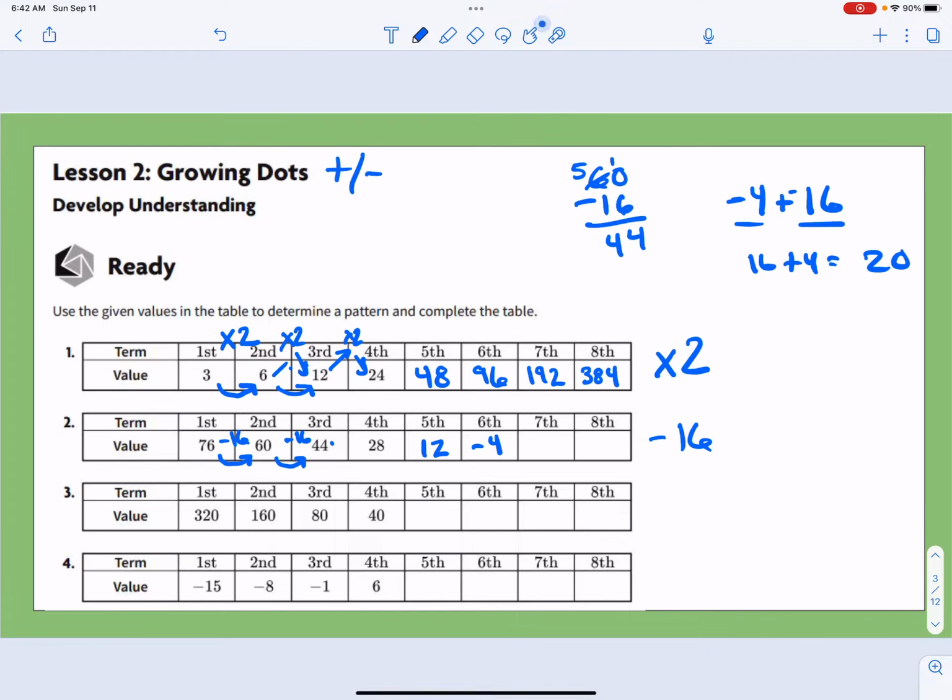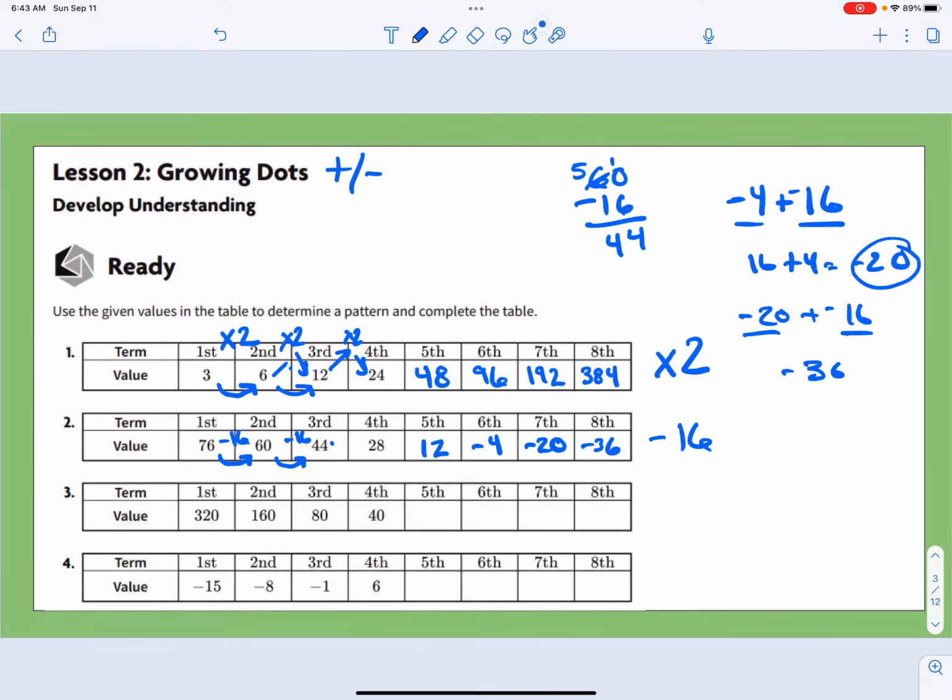When the signs are the same, we find the sum and we keep the sign the same. So negative 20. And the next one, negative 20 plus negative 16, or minus 16. Find the sum, keep the sign the same. So negative 36. All right, so you do have to be able to work with positive and negative numbers there.